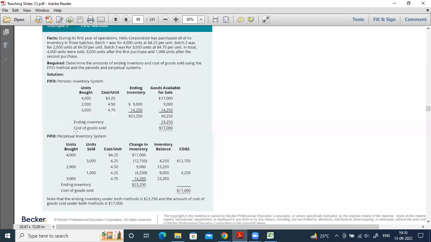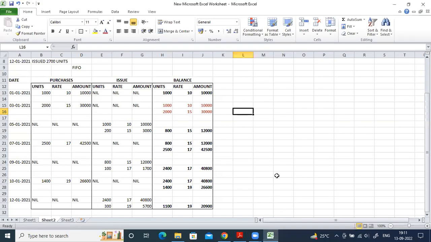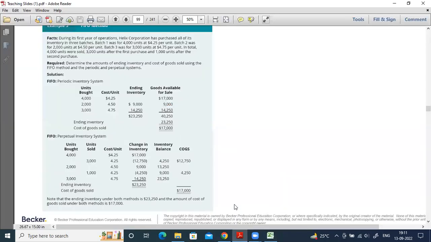Will you try this one, guys? Yes, sir. So just take a picture of this question and try to use this method. This will be your homework.